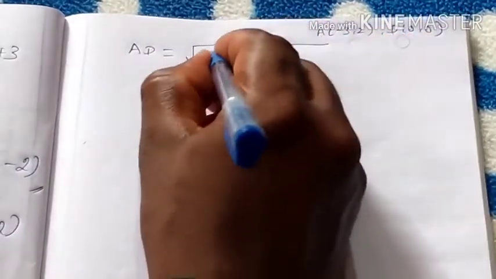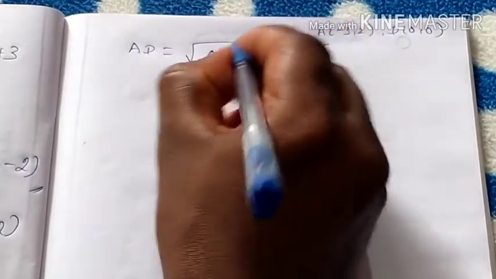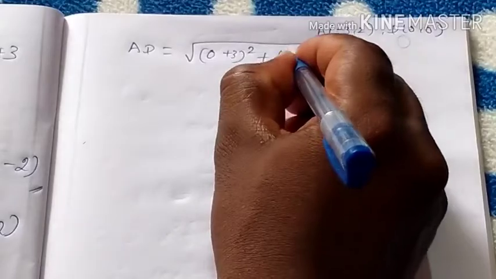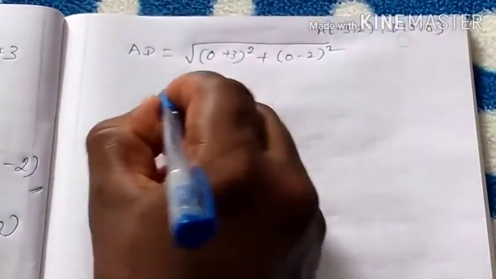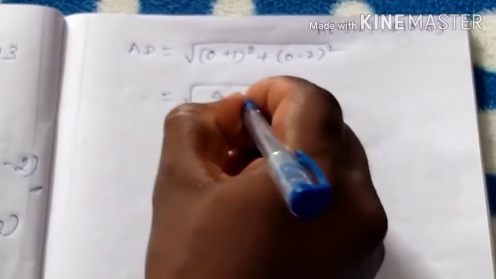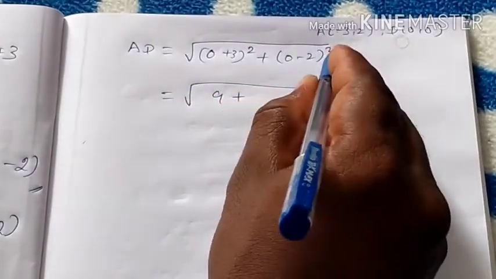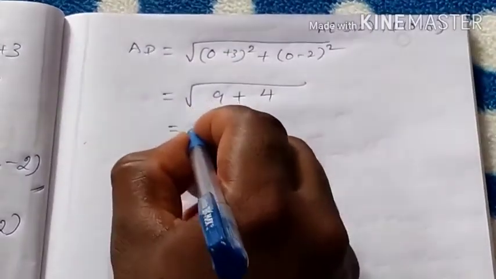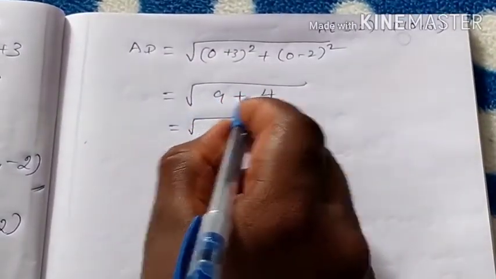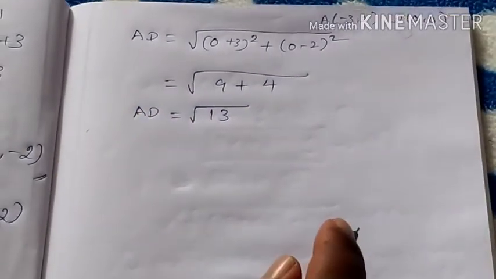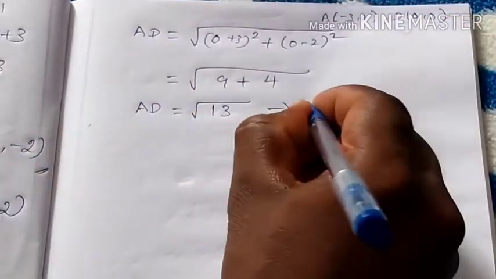So 0 minus of minus 3, the whole square, plus 0 minus 2 the whole square, which is equal to the square root of 0 plus 3 is 3, 3 square is 9, plus minus power even number is plus, 2 square is 4. Which is equal to square root of 9 plus 4, which is 13. This is for AD. Okay, this is number 1.